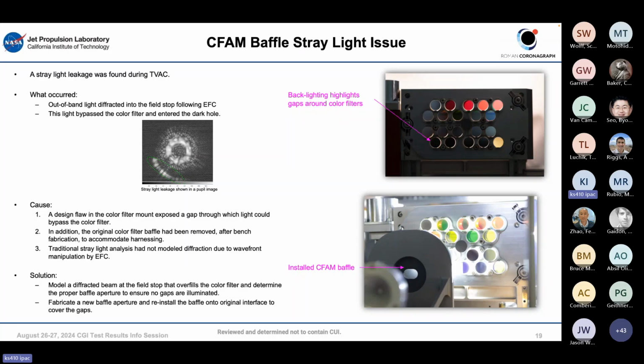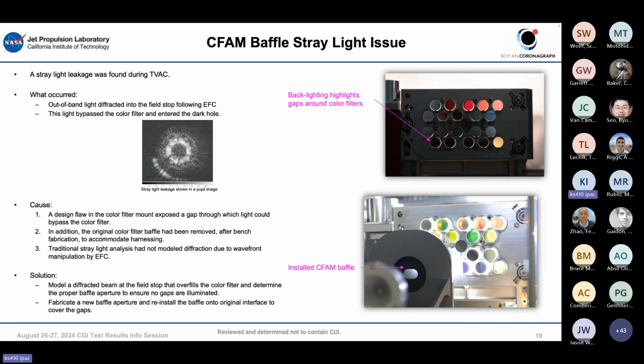So when we discovered this problem, and you can see here in this image this crescent of light, this is a pupil image, but it's this crescent out here in the lower left that is the leakage. In order to fix that, we did analysis to determine if putting the baffle back in would fix the problem, and also what size that baffle needed to be.